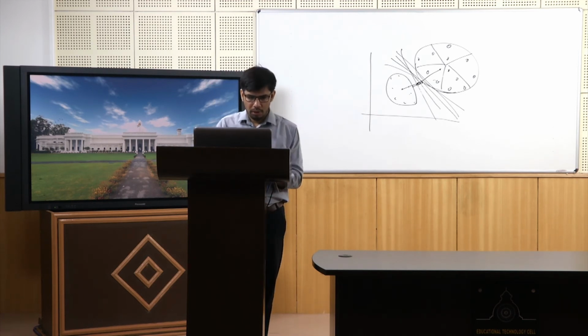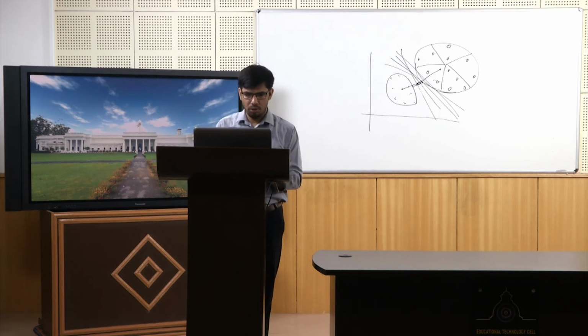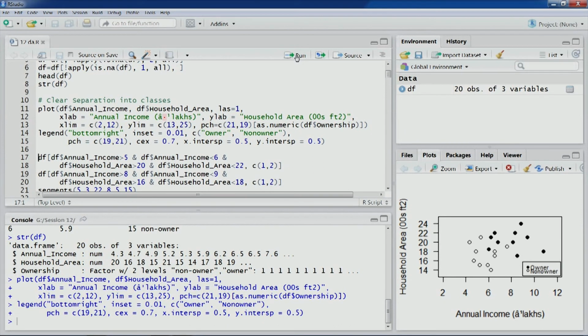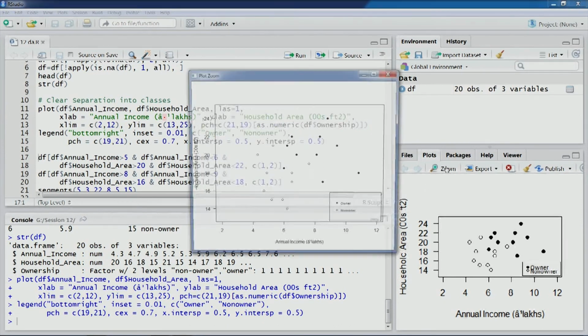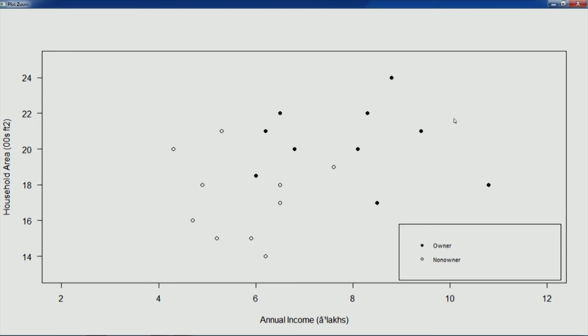This plot is quite similar to the example that we have shown on the board. So let's plot this. These are the observations. This is the scatter plot. As you can see here, this top right group is the owners group, and then the bottom left group is the non-owners group.